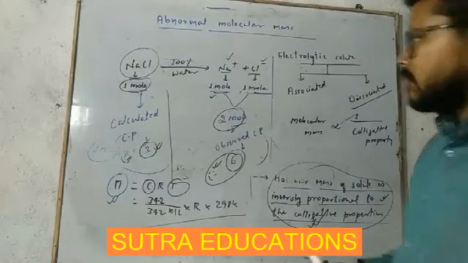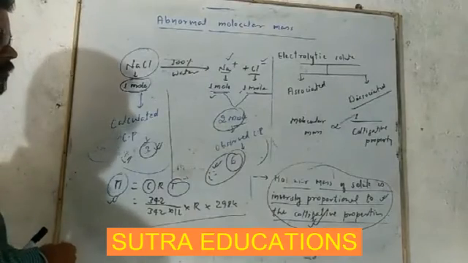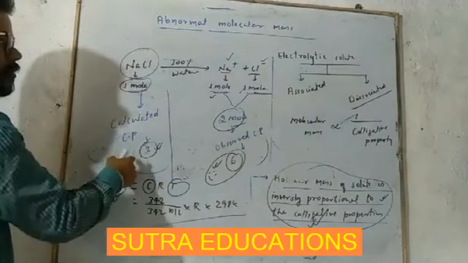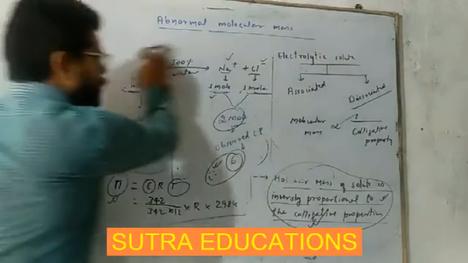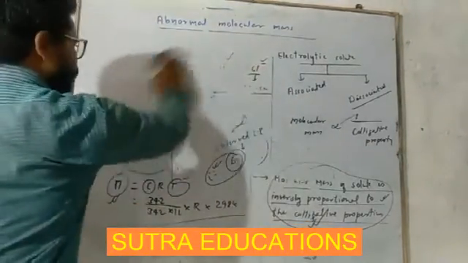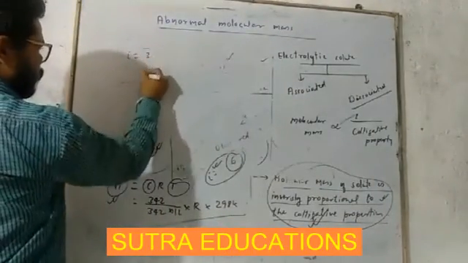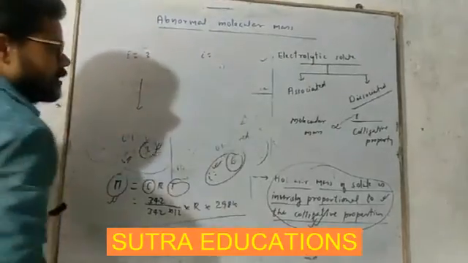So when the colligative property was 3, the molecular mass should be equal to... here we are encountering two cases. In one case i is equal to 3 and in the other case the colligative property, the van 't Hoff factor we can say, is equal to 6.